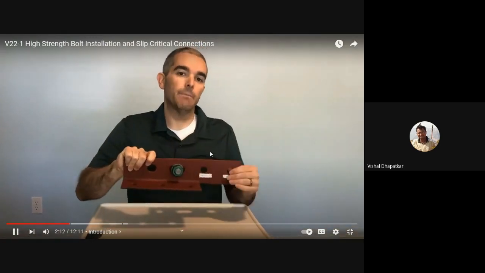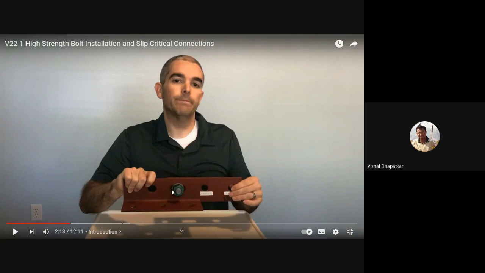by tensioning this bolt. The other type, which he has explained, is a high strength friction type bolt, in which the bolts are tightened so that the bolts will be under tension, right? Whatever force transmission there is will be by the friction between these two plates.